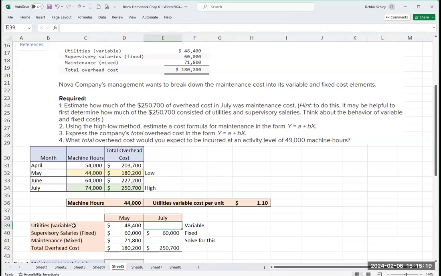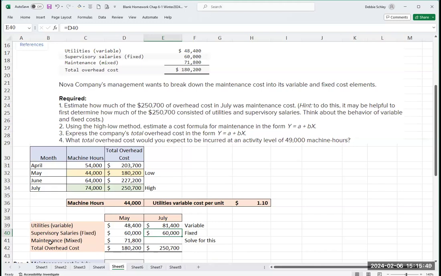So I can figure out my utilities variable now, because we figured out the variable cost per unit in May, and so that's going to be my variable cost per machine hour in July. I'm going to take that variable cost and multiply it by the machine hours for July, and that gives me July's variable cost.